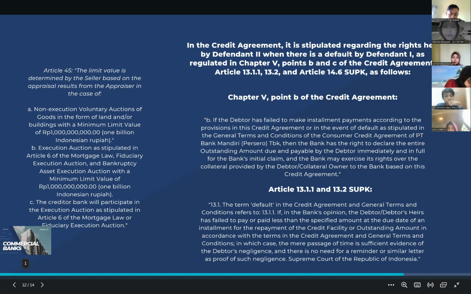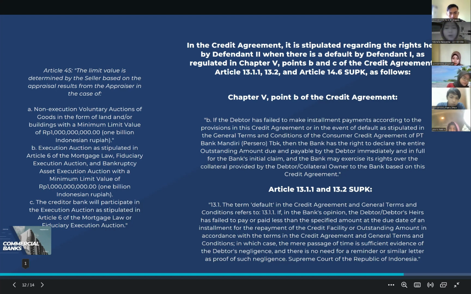Chapter 5, point B of the credit agreement: if the debtor has failed to make installment payments according to the provisions in this credit agreement or in the event of default stipulated in the general terms and conditions of the consumer credit agreement of PT Bank Mandiri Persero Tbk, then the bank has the right to declare the entire outstanding amount due and payable by the debtor immediately and in full for the bank's initial claim. And the bank may exercise its right over the collateral provided by the debtor or collateral owner to the bank based on this credit agreement.